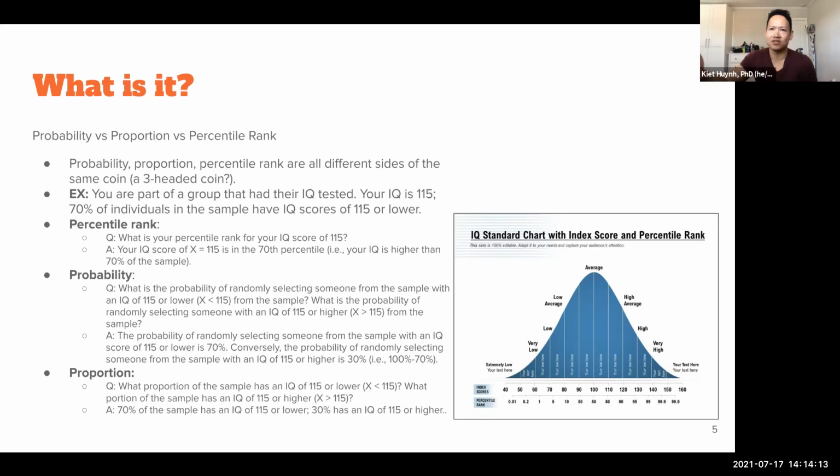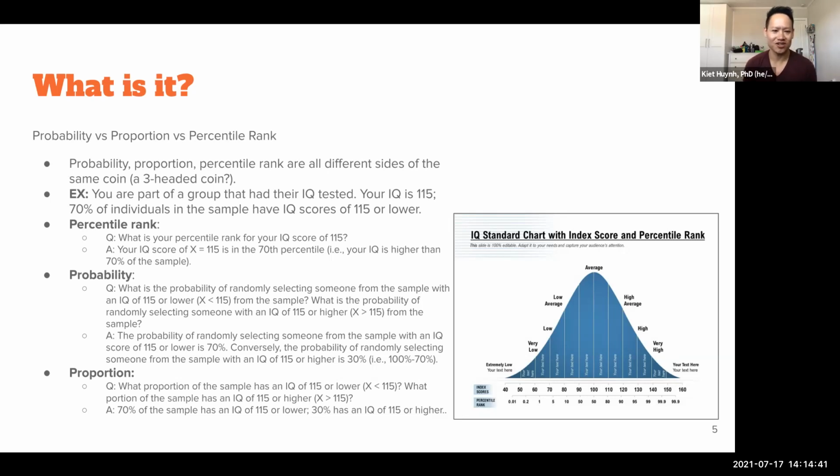It's a similar principle to SAT scores, LSAT, MCAT, any of those standardized tests. Yours are ranked in comparison to other people. And so that's what percentile rank means. Percentile rank is the same principle as probability and proportion. They're all basically three sides of the same coin, of this three-headed coin, I guess.